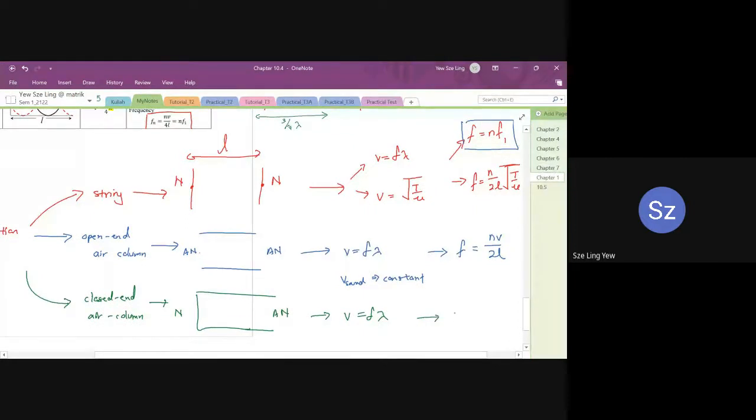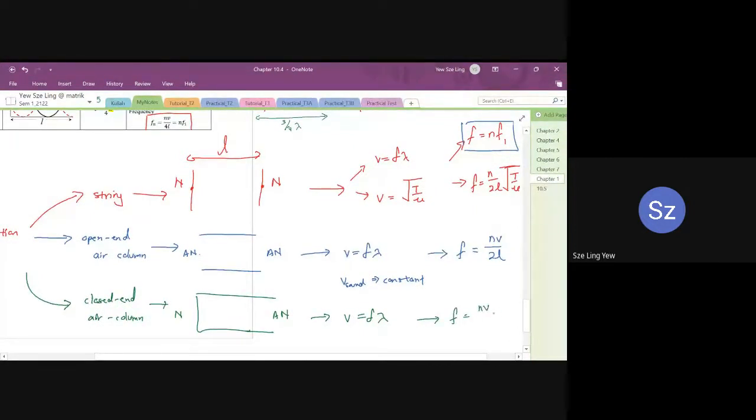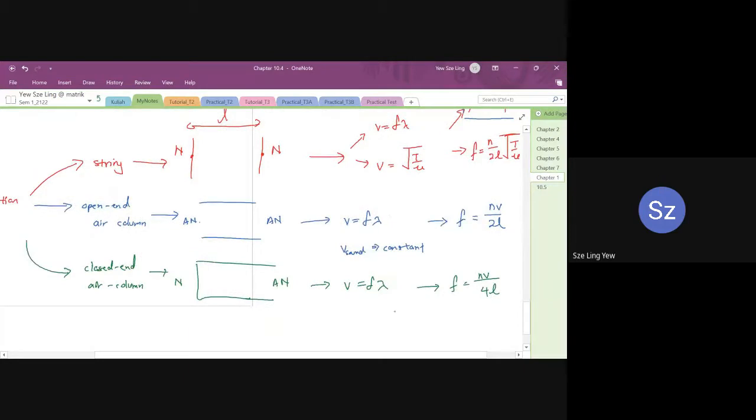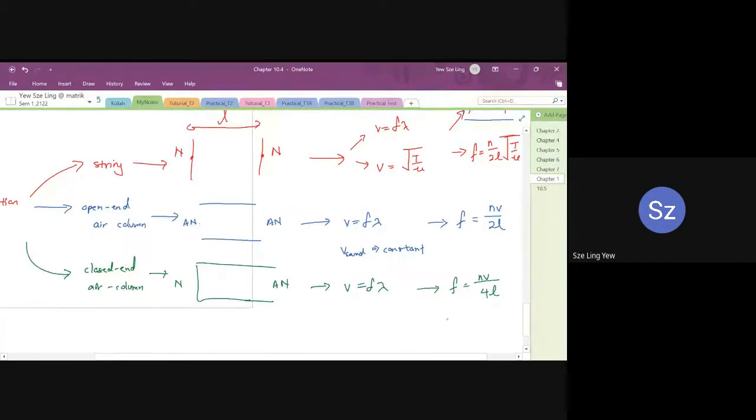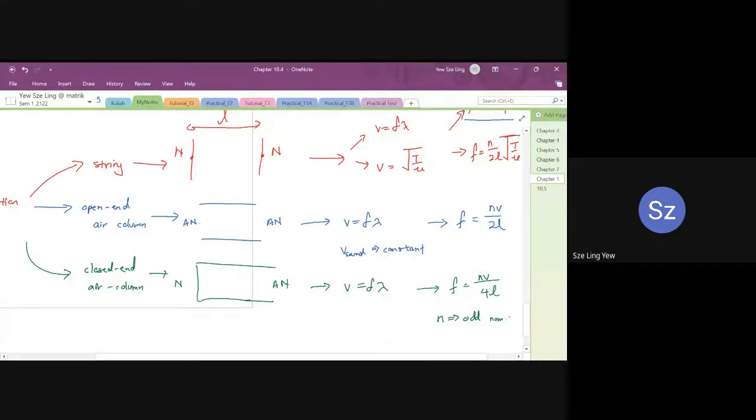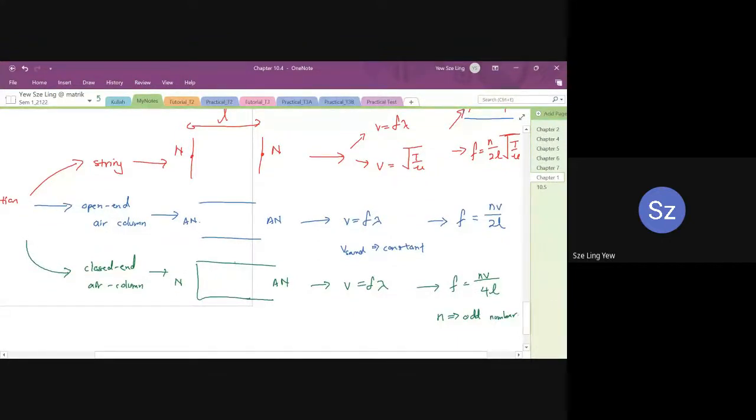And then we have f equals nv over 4L. This is the equation that can only be used in a closed-end air column. And the important thing for this closed-end air column is that n is just odd numbers. You have only odd numbers in your closed-end air column.